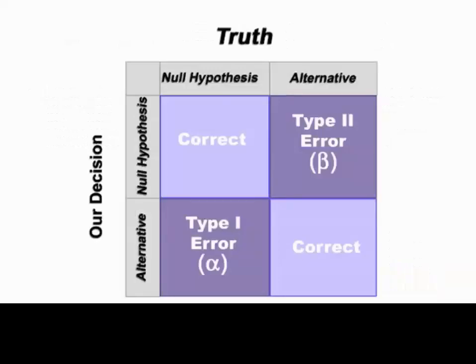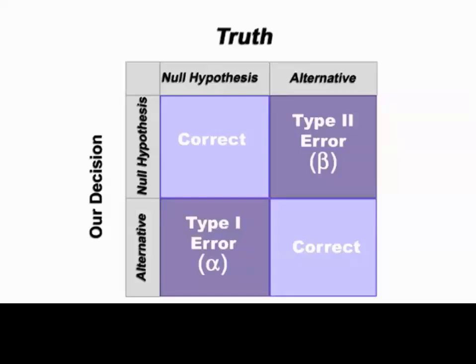All right, so let's look at this little thing called a truth table. In general, when you've got this null and alternate hypothesis, we have these 4 scenarios. We have the truth up here, and then our decision on this axis. So in this upper left box, the null hypothesis is actually true, and our decision is to not reject.